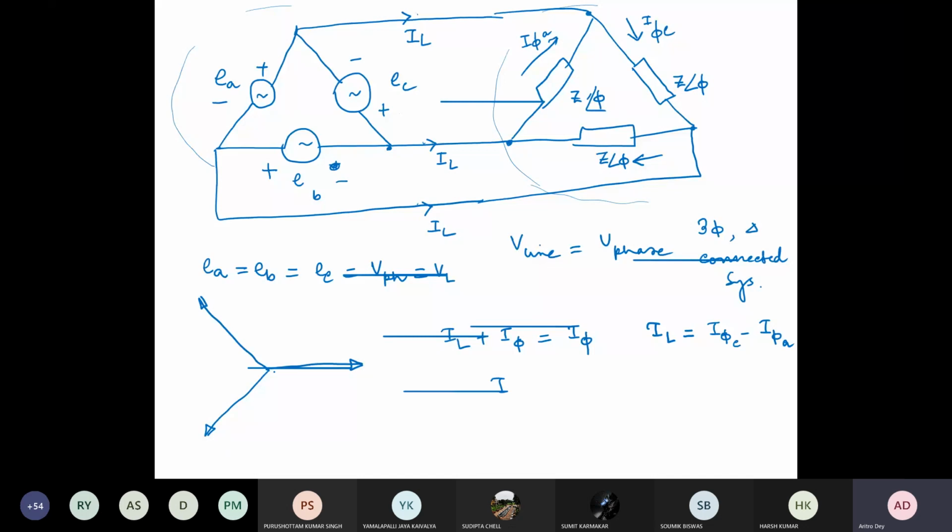So if we now draw the phasor diagram, this is your V phase and this is your I phase. Say this is V phase A, I phase A, this is phi.